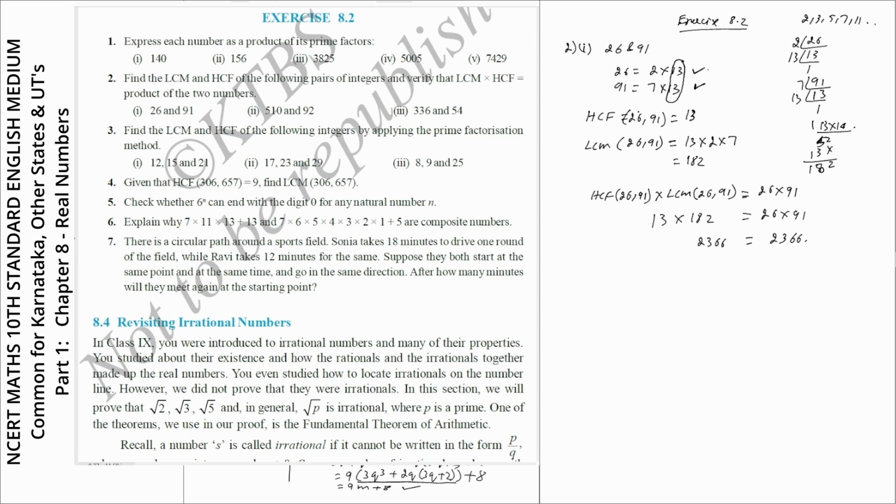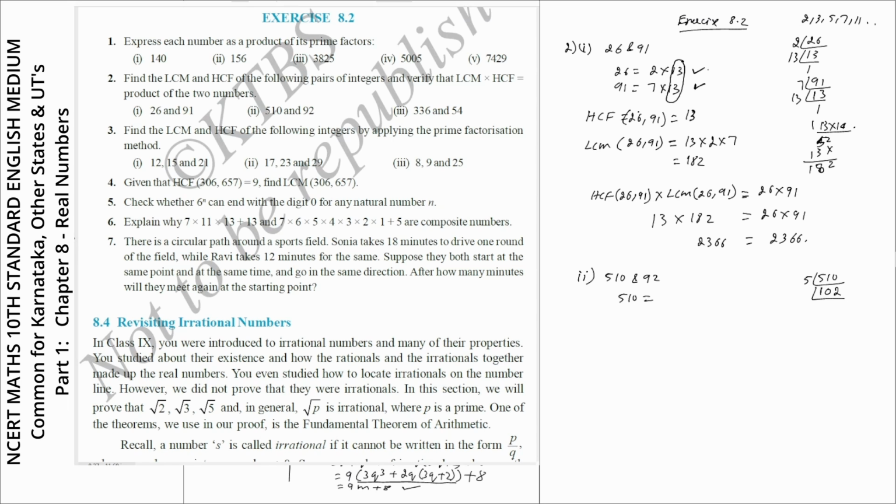The next sub-question is 510 and 92. 510, let's factorize it. It is divisible by 5. 5 ones are 5, then 5 twos are 10.